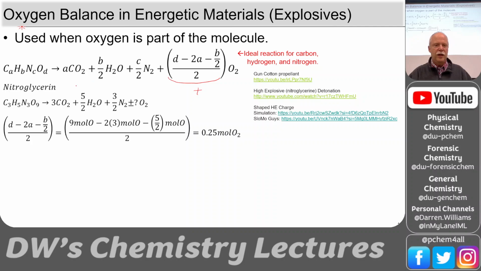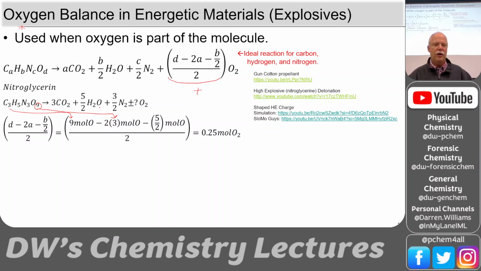So in this formula for nitroglycerin, this is D. We have 9 moles of oxygen. We have 3 moles of carbon, so we're going to take away 6 moles of those oxygen atoms because of the carbon, the CO2.